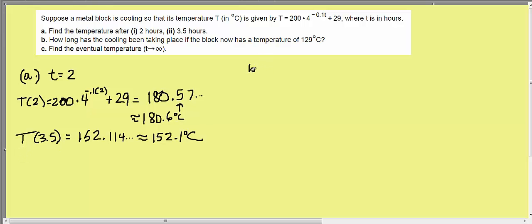For part B, we're looking to see how long the cooling has been taking place if the block has a temperature of 129 degrees Celsius. This is the capital T as 129 degrees. So I put it here.